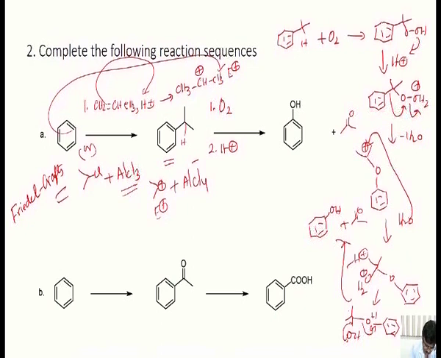The next example involves acylation of the aromatic ring. Here the benzene is converted into acetophenone.